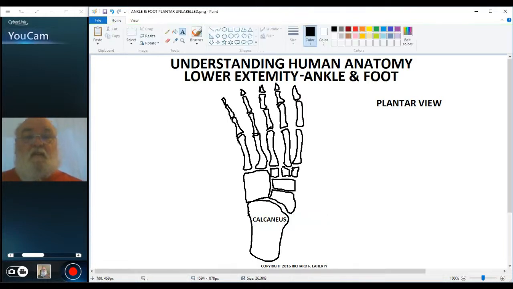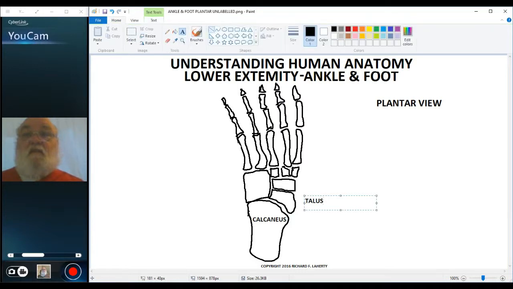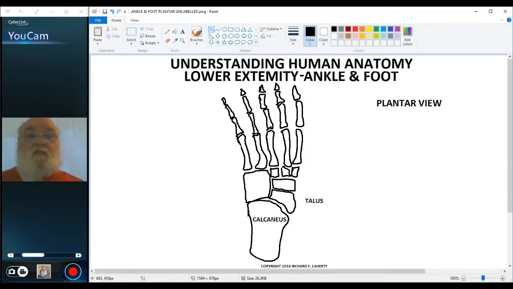And we'll have the talus. And remember that the talus sits mostly superior to the calcaneus, just a little bit visible in this view.